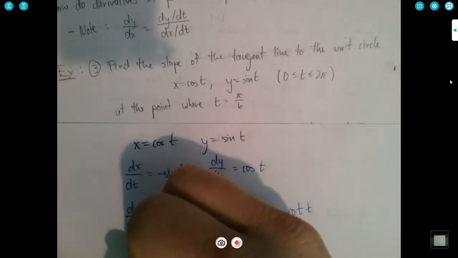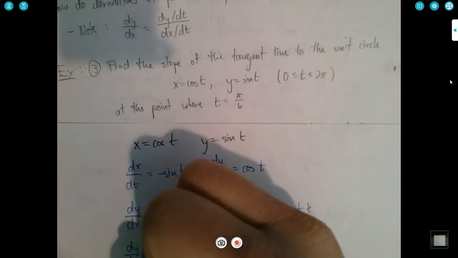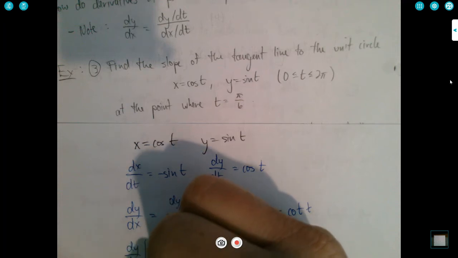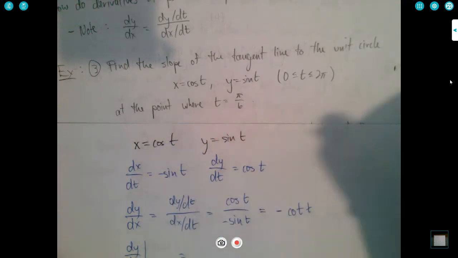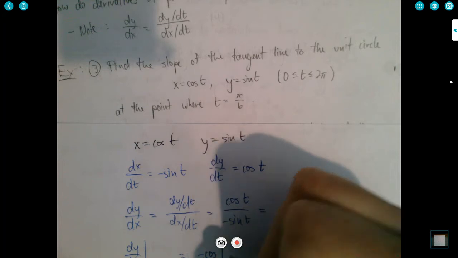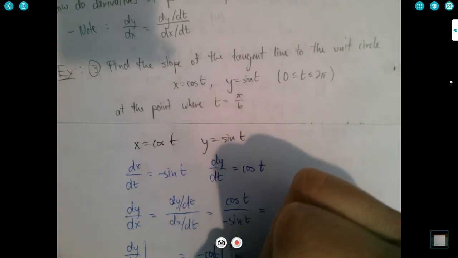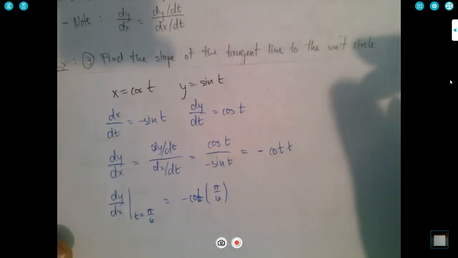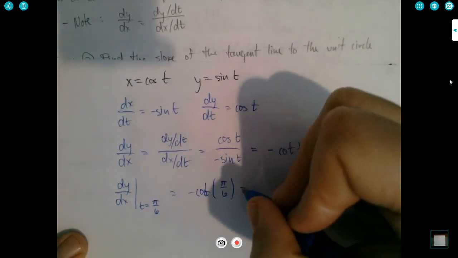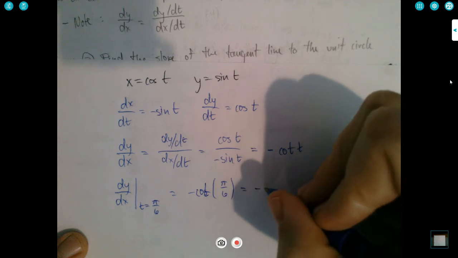So we would say dy/dx evaluated at t equals pi over 6 equals negative cotangent of pi over 6. Whoops, sorry. And that equals negative root 3.